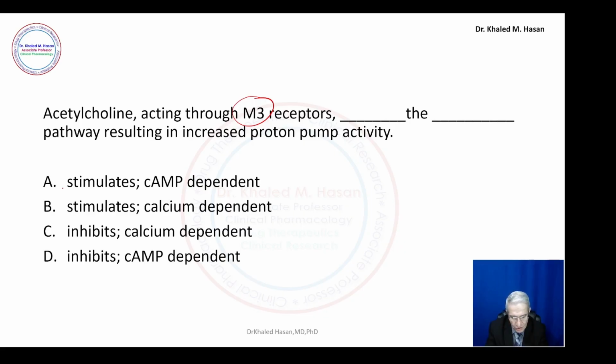Do you think the M3 receptor stimulates cyclic AMP, stimulates calcium, inhibits calcium, or inhibits cyclic AMP? Which one is involved when acetylcholine acts through the M3 receptor?